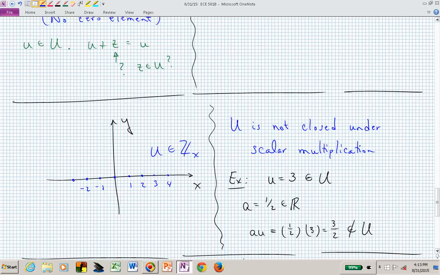We can pick a scalar that's real, let's say 1/2, and maybe our u is (3, 0). Then we would not end up with something that's an integer when we scaled it by this non-integer scalar value. That particular subset is not a subspace.